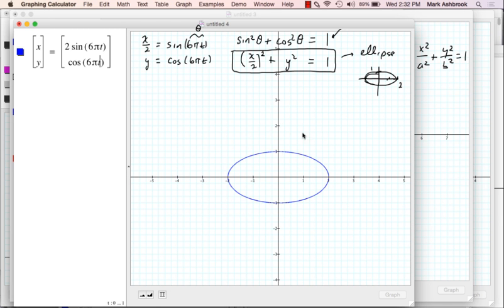So new example. I want you to write this ellipse in parametric form. Where is it? 16x squared plus y squared over 9.